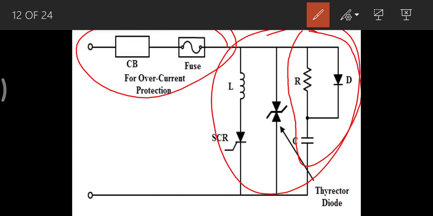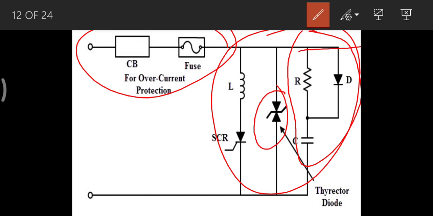That means faults that occur when over voltages are raised because of the internal operation of the SCR. And this is the thyrector diode. This thyrector diode is used to protect the SCR from surges, that means lightning surges or switching surges.